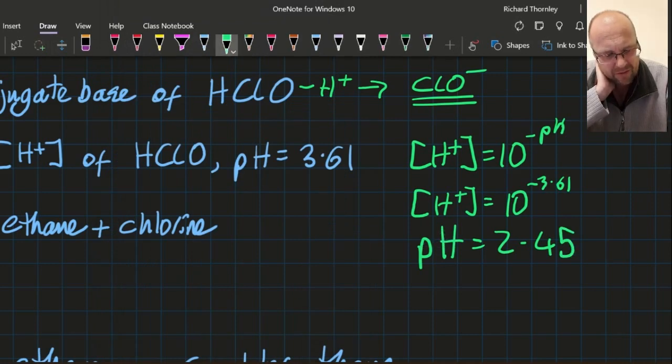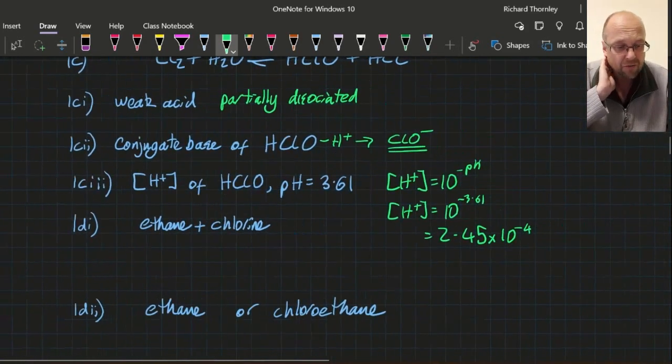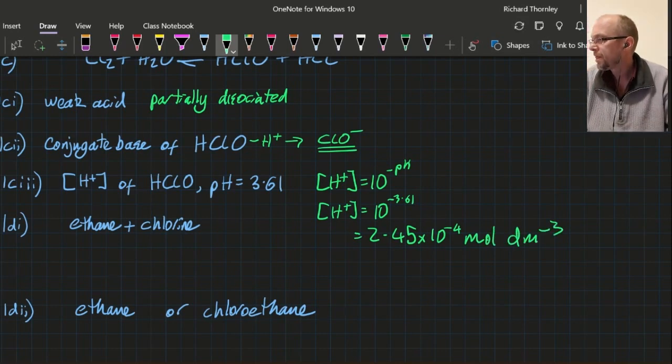That's the concentration of H+. Times 10 to the minus 4. Units for concentration are moles per decimeter cubed. Do they ding you for that? I don't know. No, not this time. Alrighty.